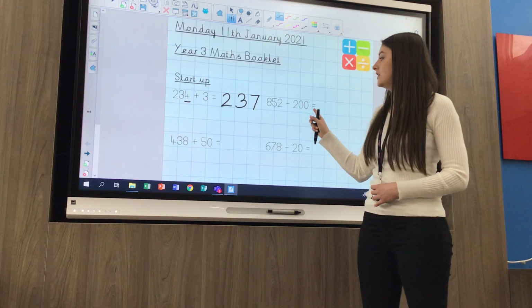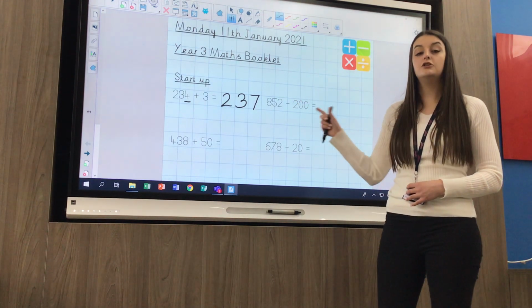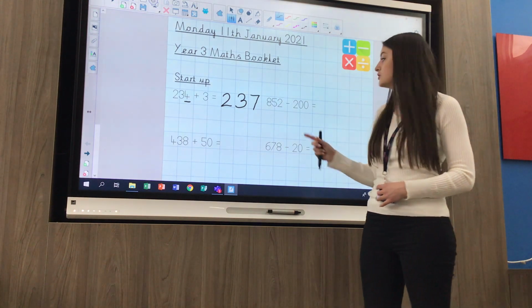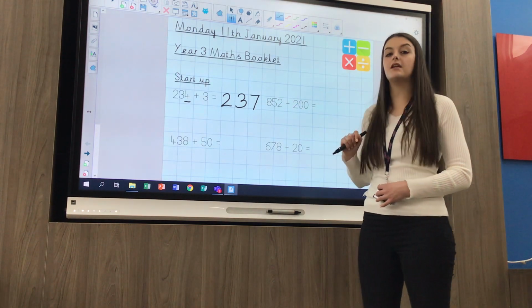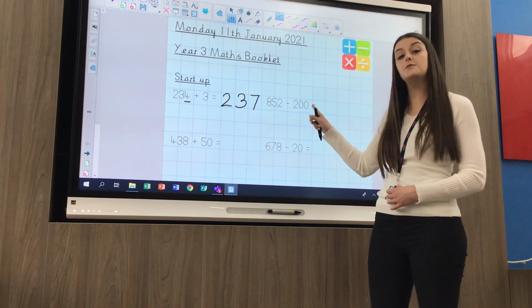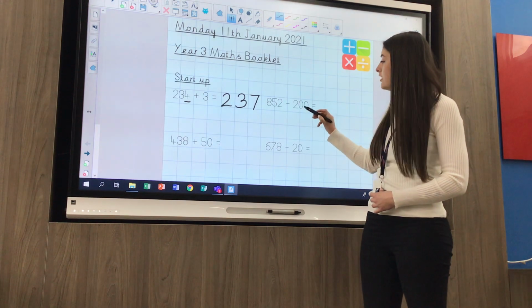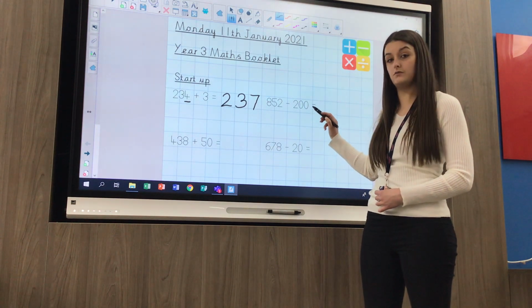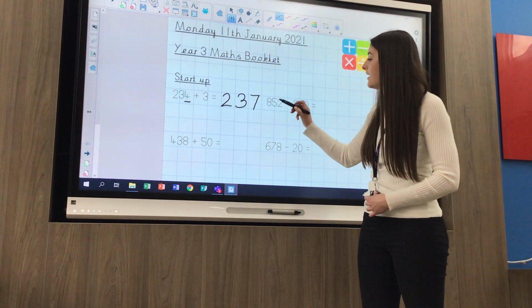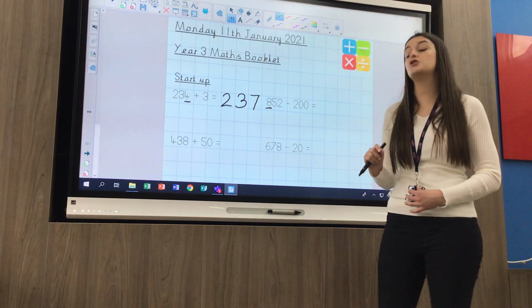Now this question, we've changed to a subtraction now, so I know for subtraction the number's going to get smaller, so make sure we're looking closely at which operation we're doing in this challenge. Now this time I'm subtracting a multiple of 100, okay? I've got no tens and no ones, so I'm going to find and locate my hundreds, and that's going to be the place value column that changes.